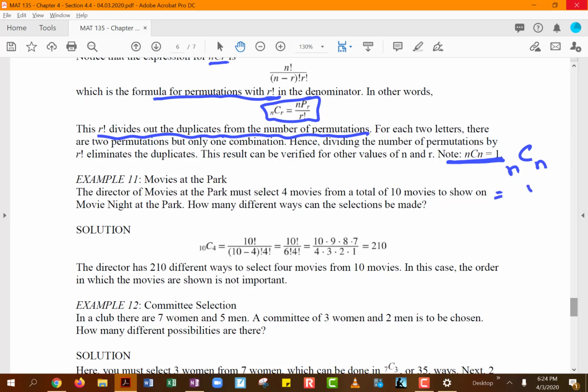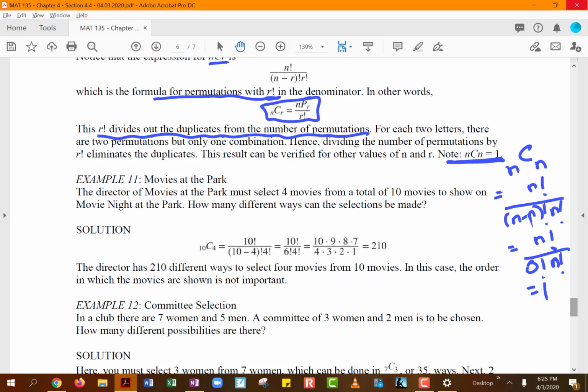So you would end up getting n factorial, n minus n would be 0 factorial, and then n factorial. And remember, 0 factorial is 1. So you're basically just looking at n factorial divided by n factorial, which would end up giving you 1. Okay? So that would be on the side with this guy.